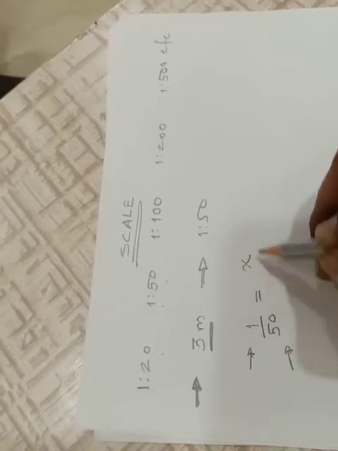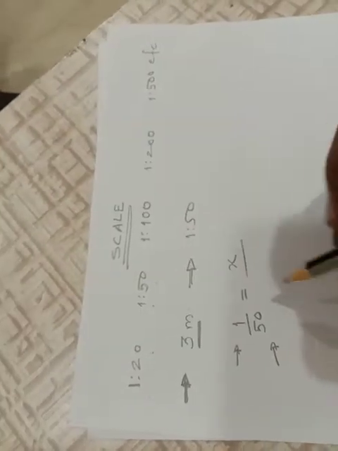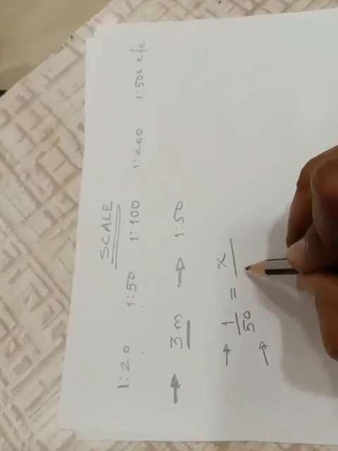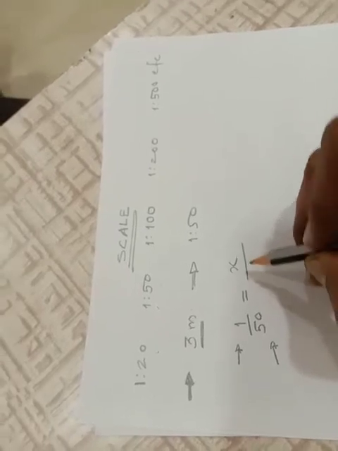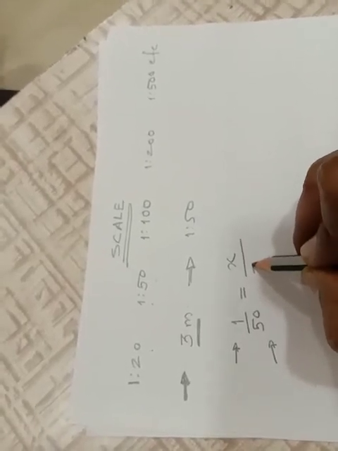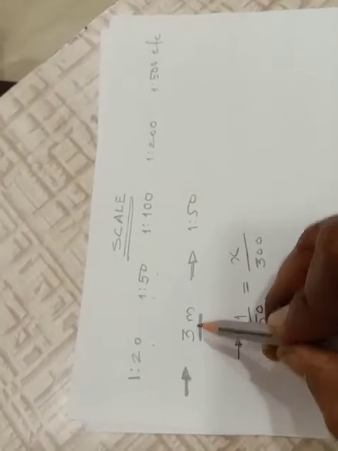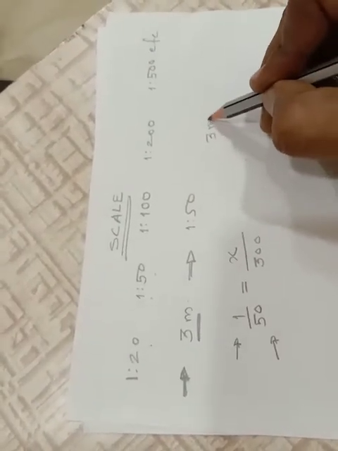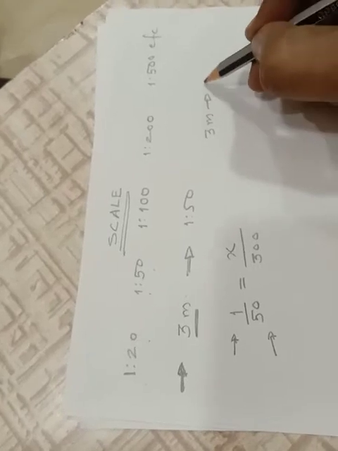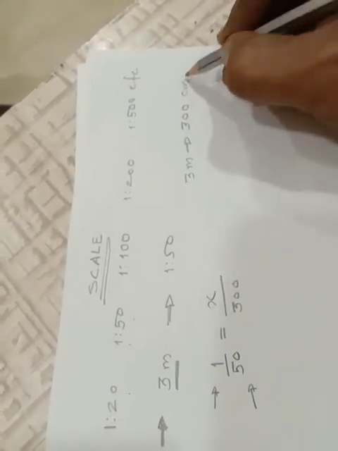X centimeters on paper and 300 centimeters on ground. Convert this 3 meter into centimeters, that is 300 centimeters in this way.